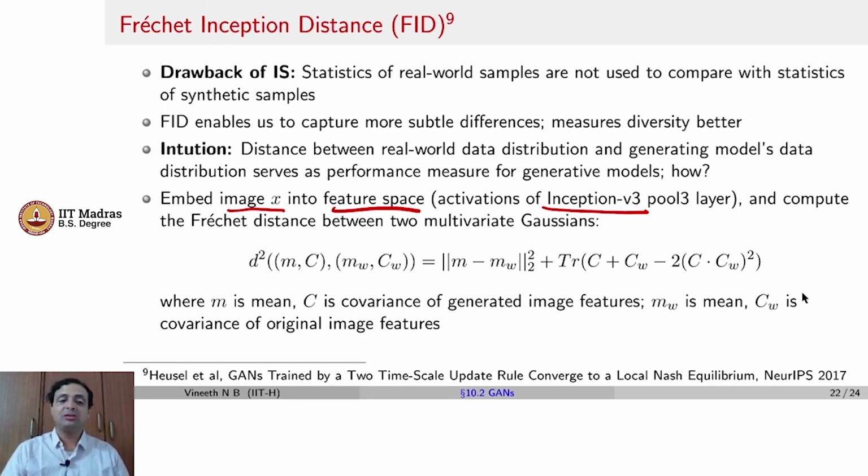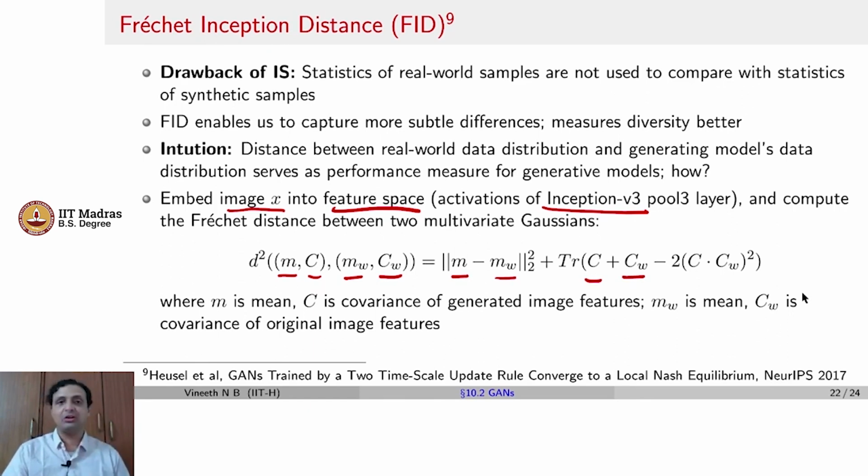Now you compute the Frechet distance between two multivariate Gaussians. Once you get those two sets of features, you compute the Frechet distance, which is given, for a distribution with a Gaussian of mean M and covariance C, and another distribution with mean MW and covariance CW, by the first mean minus the second mean, 2 norm whole square, plus trace of the first covariance plus the second covariance minus 2 into the two covariances squared root.